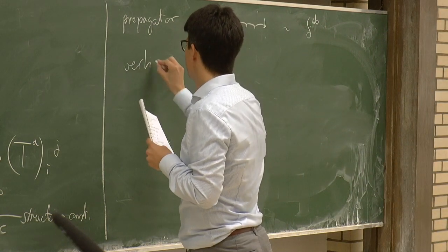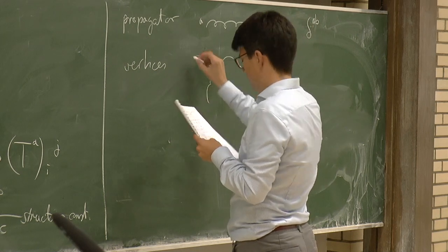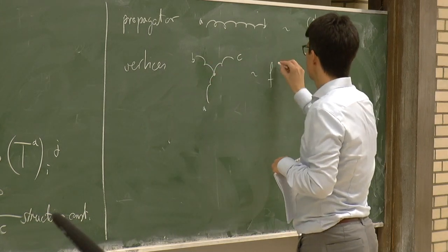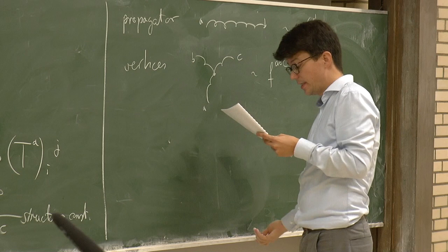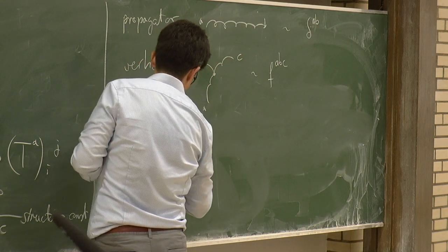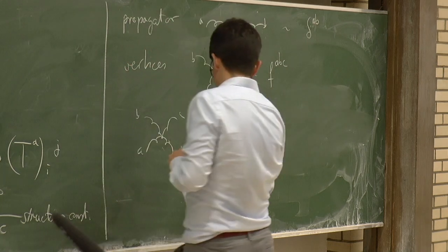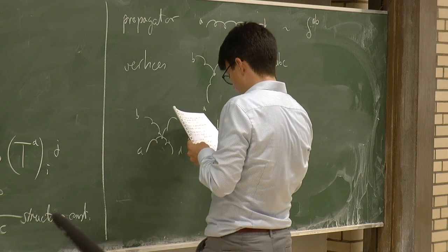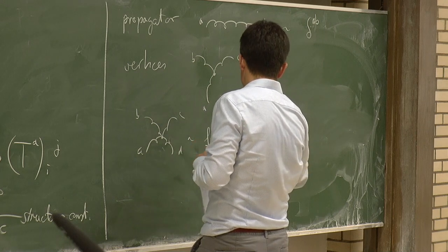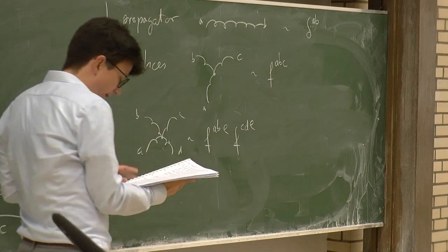And then we have the vertices, for instance, the three-gluon vertex with indices ABC, and this is just proportional to the structure constant f^{ABC}. Likewise for the four-gluon vertex, this is given in terms of structure constants as well, where there's a sum over one of the indices. So this is just schematically how this looks.